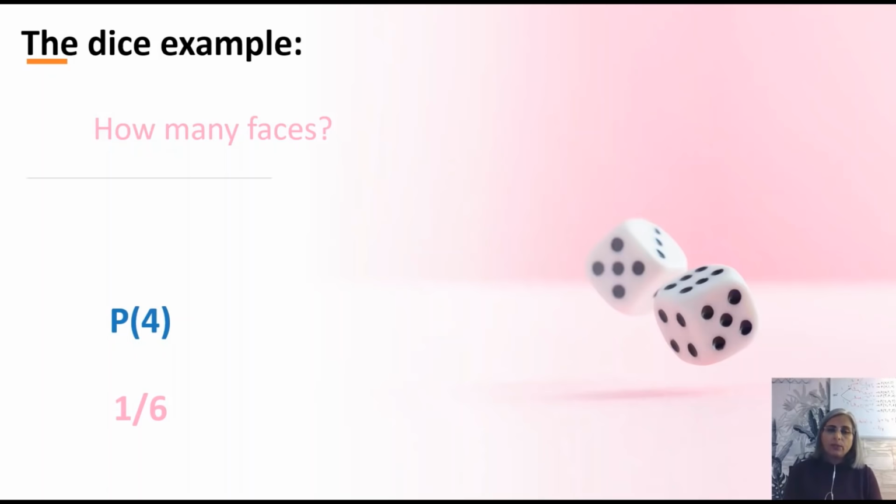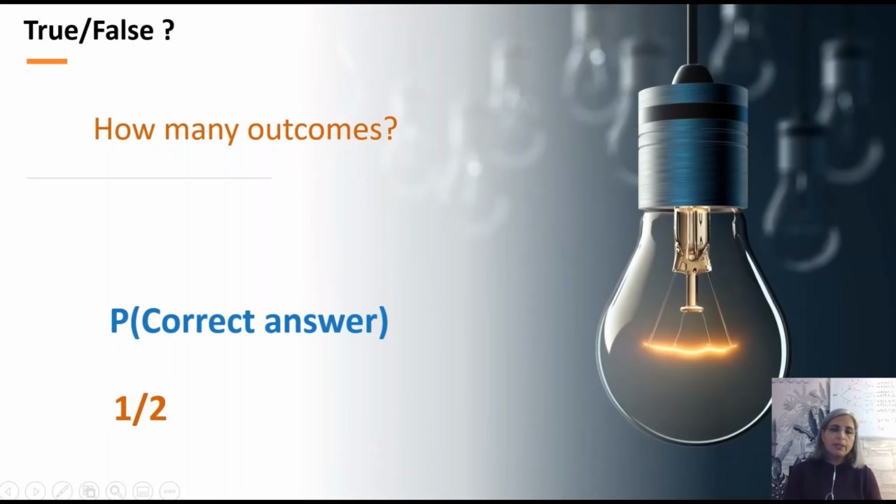What is the chance of getting a 4 if you throw a dice once? Because there are six faces and 4 can appear only once if you throw the dice once, the probability of getting a 4 would be 1/6.